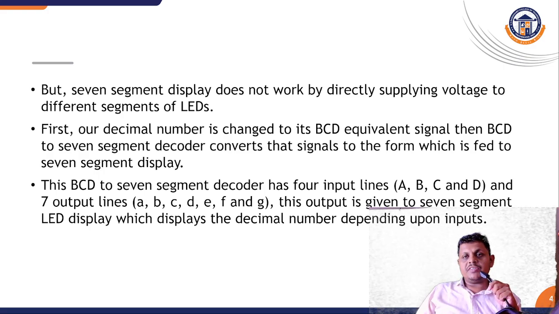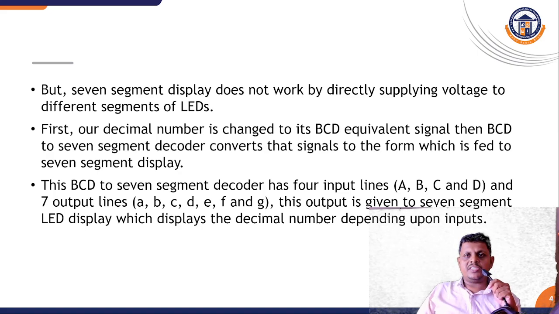So it cannot be accessed directly. The decimal number is first converted into the BCD equivalent, then converted by the 7 segment decoder, and then converted to the signals that are fed into the 7 segment display.